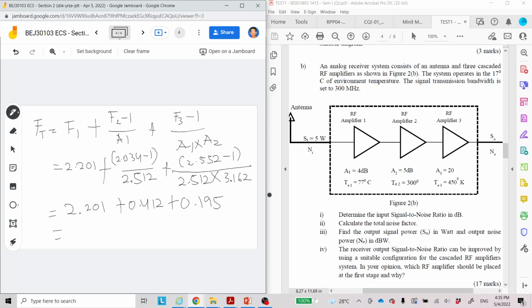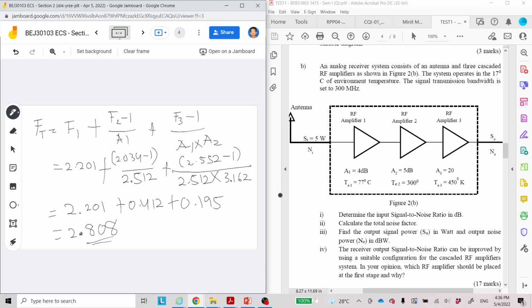So I get this one 2.808. If you don't understand, please ask.